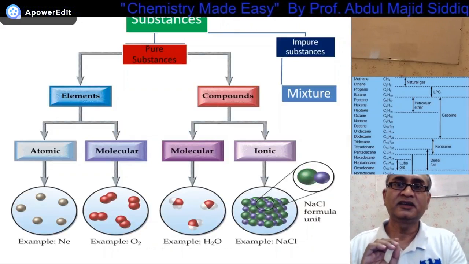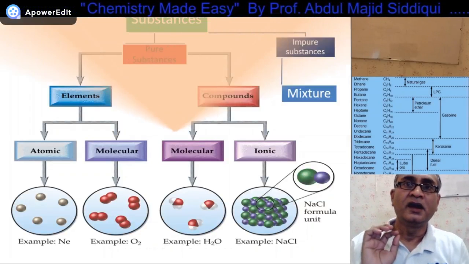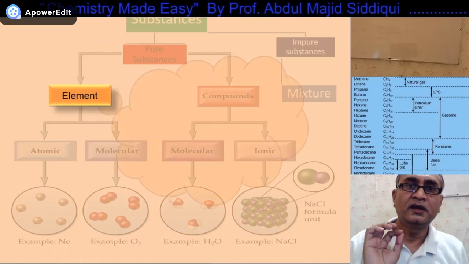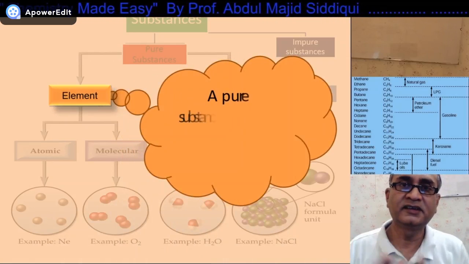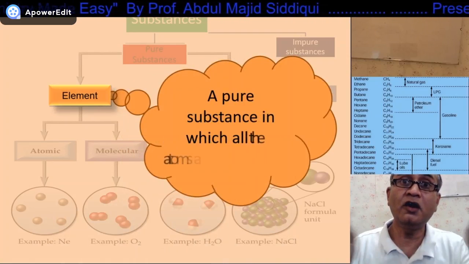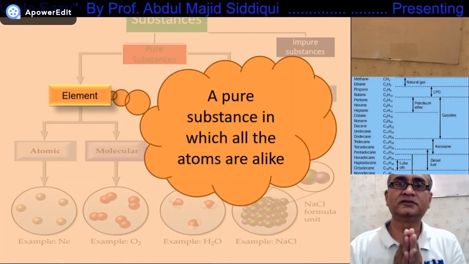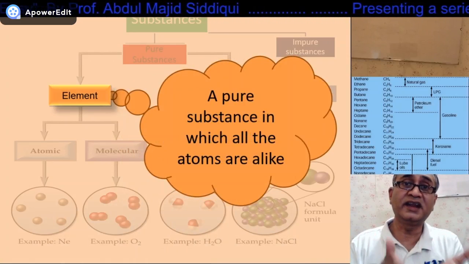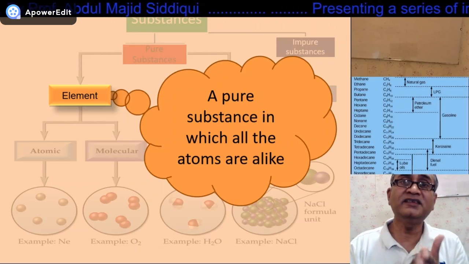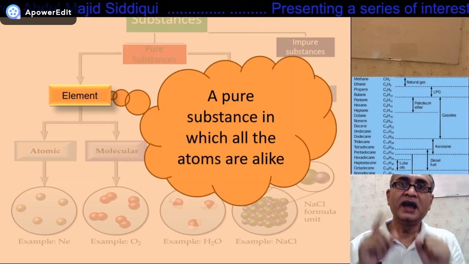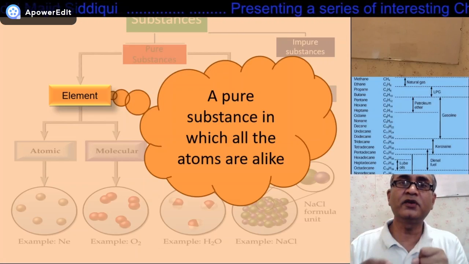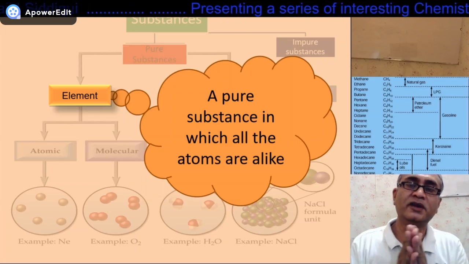Now next, if you have a substance in which all the atoms are alike. What do you mean by the word alike in chemistry? Alike means having the same number of protons, the same atomic number.